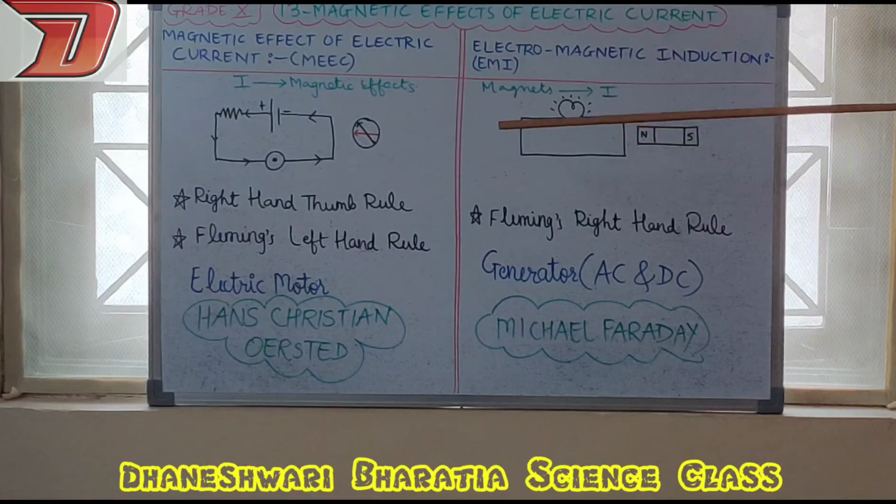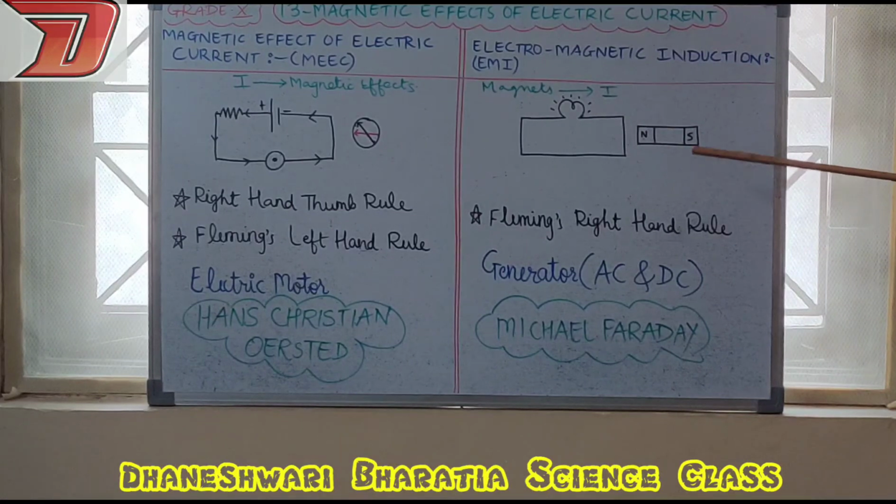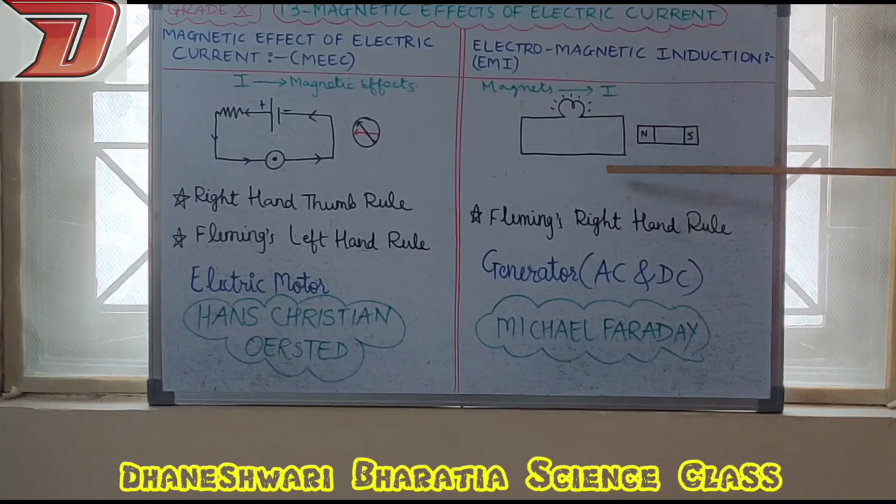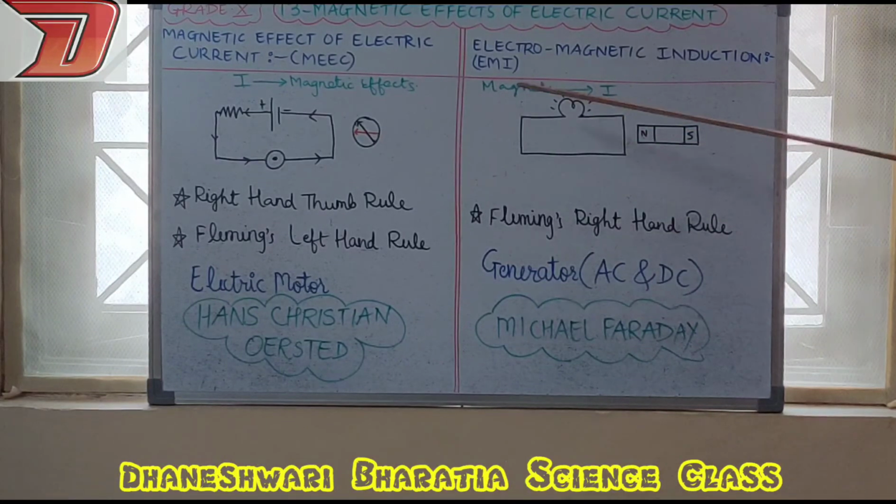Again brought it near, again glow; again moved away, again stop, isn't it? So when this bar magnet is brought closer to this circuit, it was assumed that some kind of magnetic field was produced in this area, and that has led to the induction of current in this circuit. That is why it is known as electromagnetic induction.